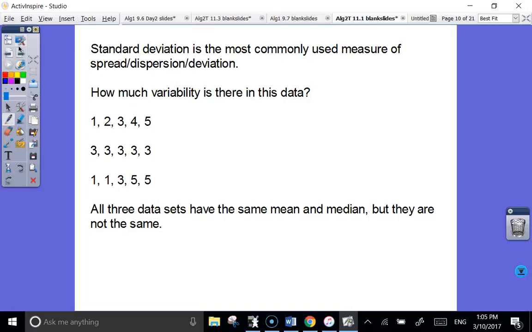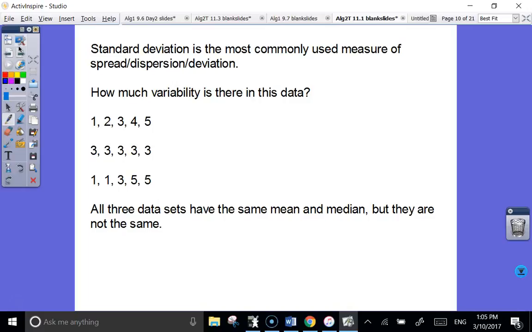And then between these two here, they both have 1, 3, and 5, but this one's got 2 and 4, and that one's got another 1 and a 5. So this one's got 2 values that are a little further away from the middle than those two do. So if I was going to rank order these, I would say probably the least spread is there, the most spread is there, and that's the one in the middle.